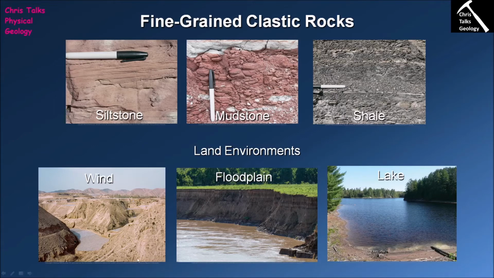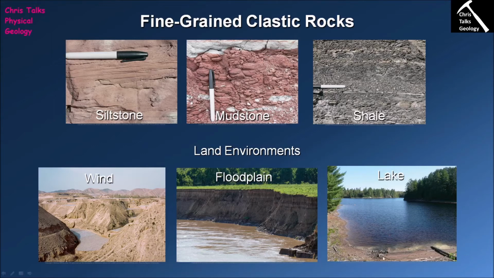So obviously when there's a flood and the water leaves the river and spreads out over the surrounding area, it starts to lose velocity, and eventually the water will get slower and slower and slower, and eventually it will come to a complete standstill. And at this point, that is when the silt and clay sized particles can begin to rain out of suspension and settle onto the floodplain.